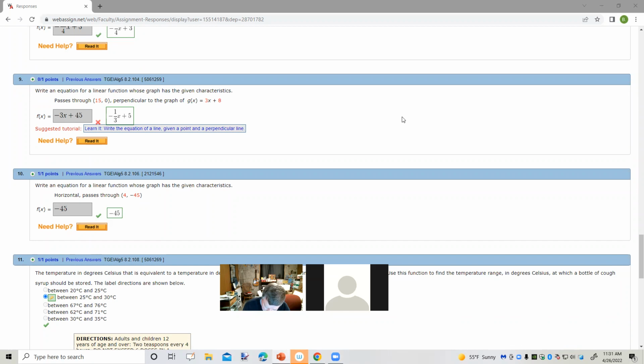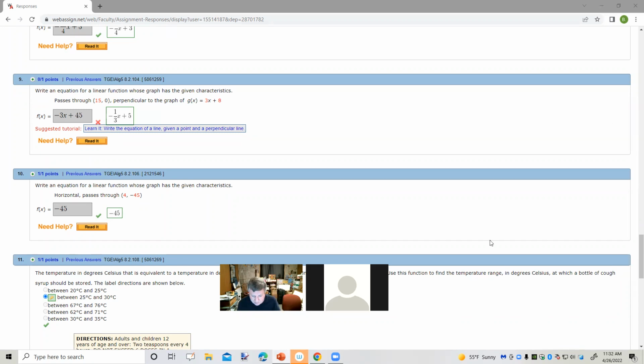It passes through the point (15, 0), and it is perpendicular to the graph of g(x) = 3x + 8.